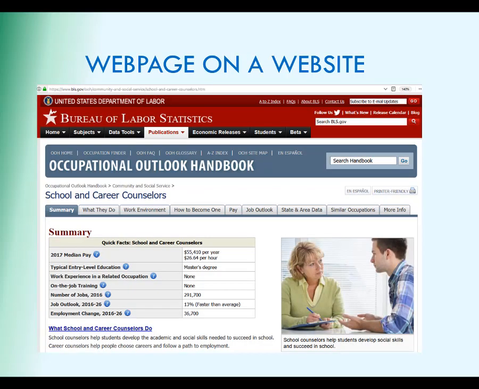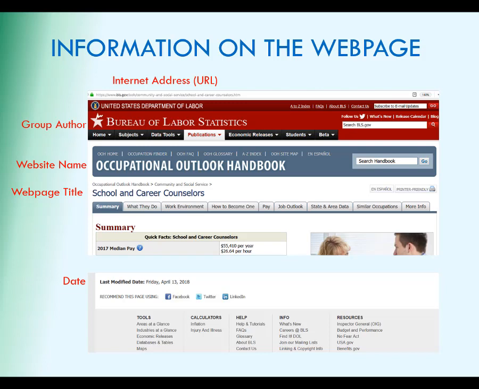Let's do one more example, a web page on a website. Many web pages do not have individual authors. The group that is responsible for the web page, the Bureau of Labor Statistics, can be considered the group author.